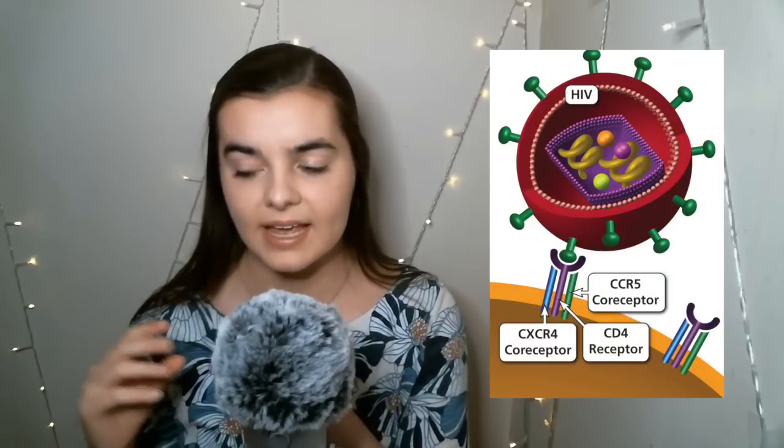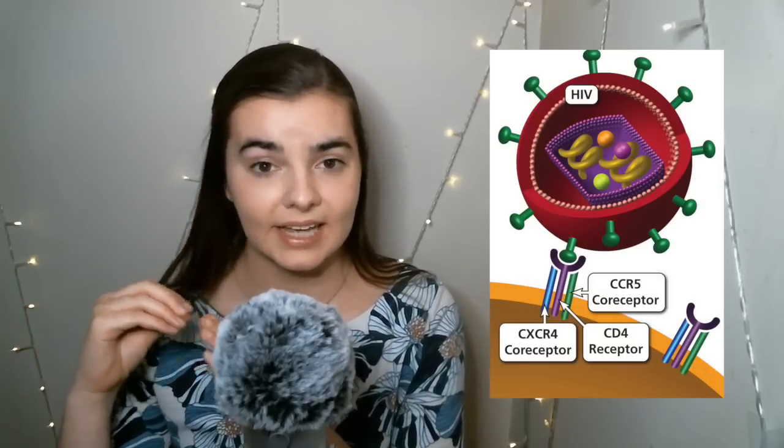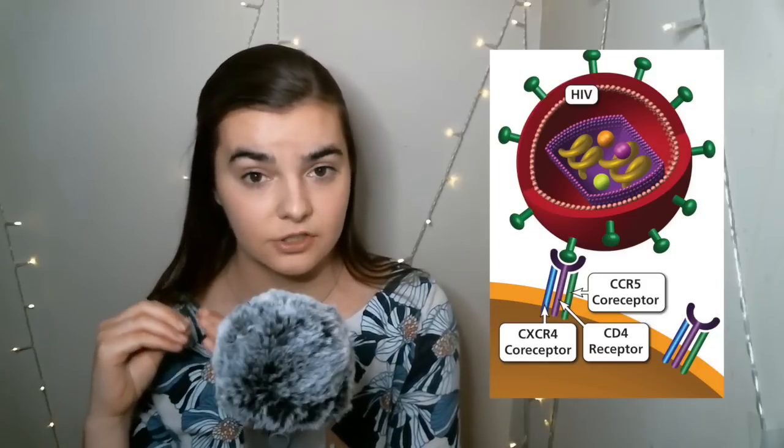One mutation that I'm going to talk about, this is just a little fun fact that I learned in my last genetics class in college, is in a protein called CCR5. So CCR5 is actually the receptor on your cells that is responsible for letting HIV into your cells.